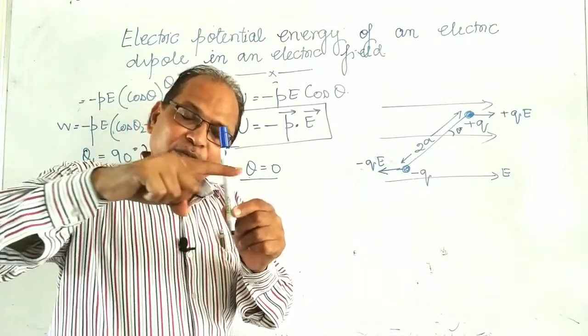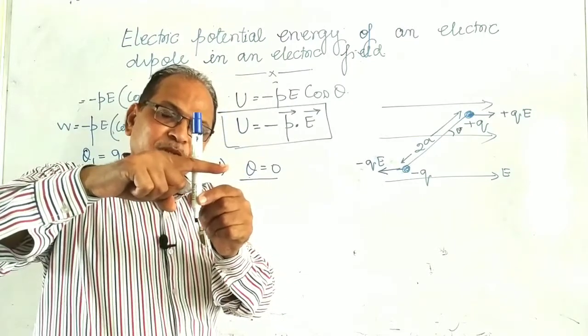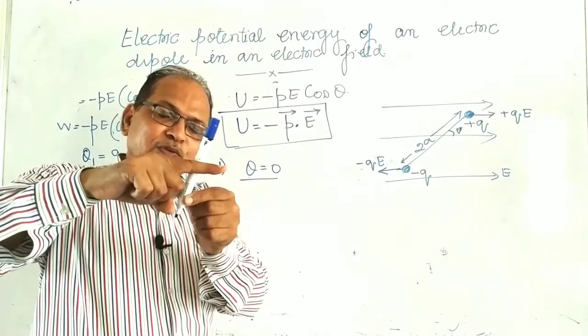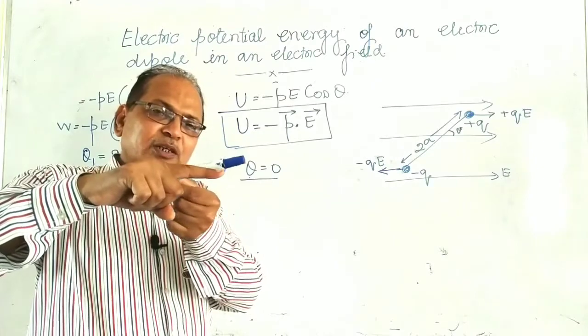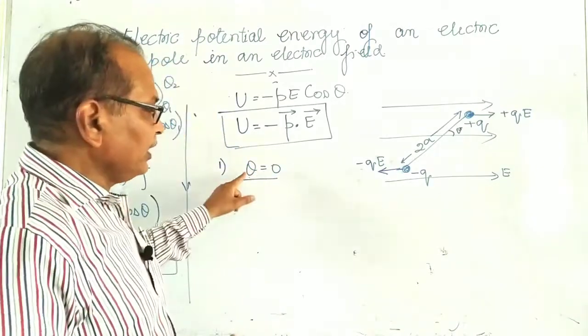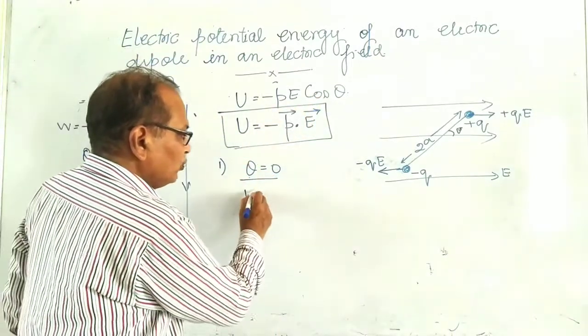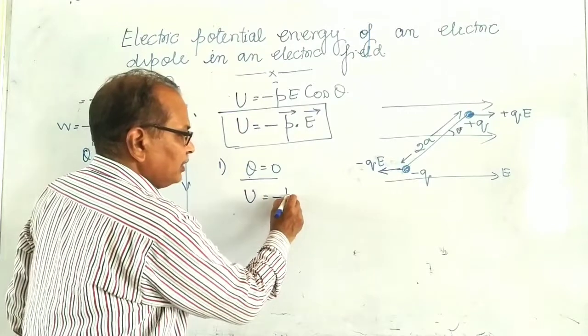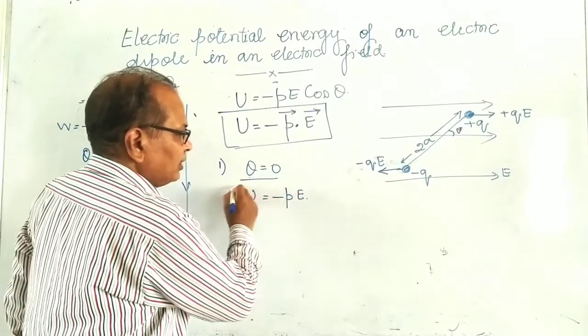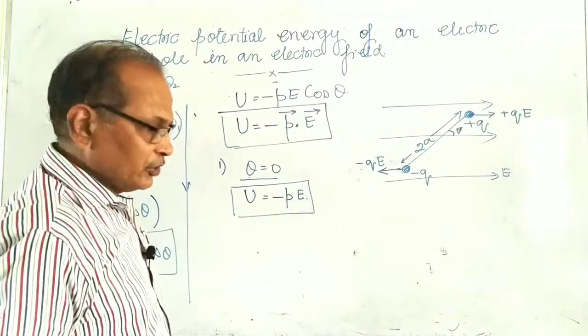These are the electric field lines. Initially the dipole is over here. Now the dipole moves like this and comes to the direction of the electric field lines. If the final angle is 0, cos 0 is 1, so U will be minus PE. This is the total electric potential energy.